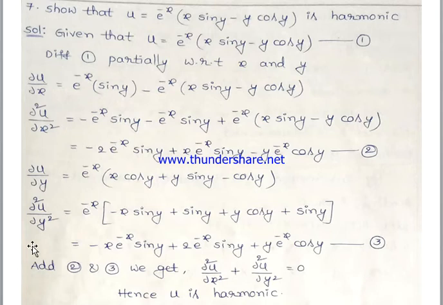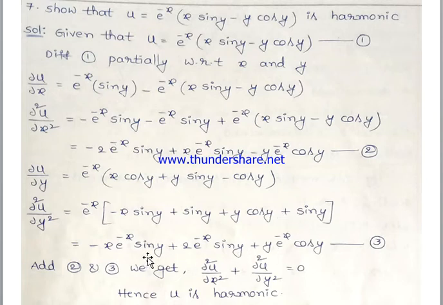And next, going to the second order derivative, ∂²u/∂y² equals e^(-x) into, here x is a constant, cos y derivative is -sin y, plus y sin y using uv' + vu': y derivative is 1 into sin y plus y into sin y derivative is cos y, plus here cos y derivative is -sin y, that's why minus into minus plus sin y.